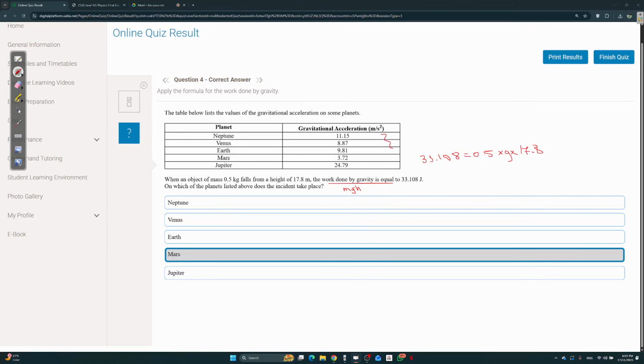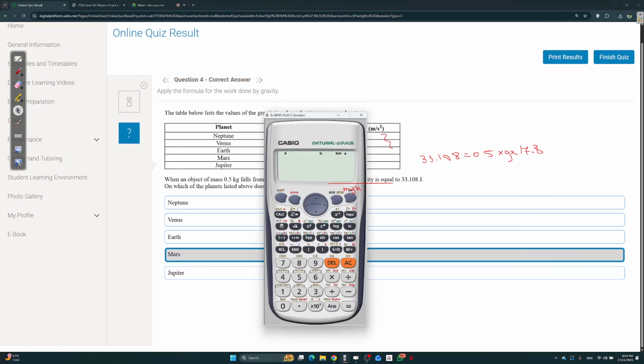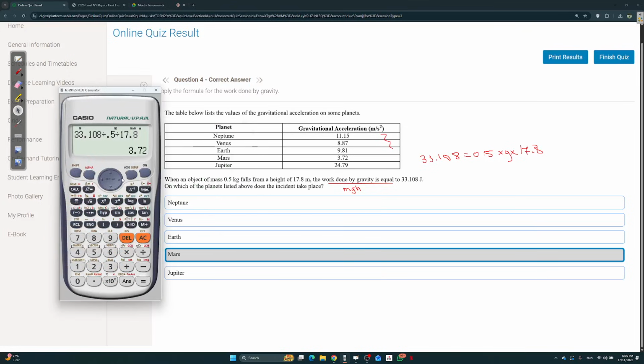You should get that g is equal to 3.72. So obviously you can see which planet that is. 3.72, Mars, right here. Okay, easy.